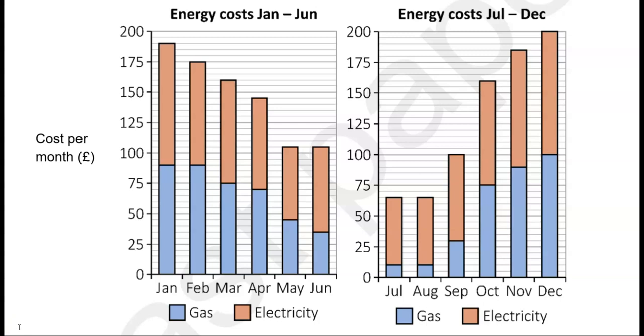The median of the costs between January and June would sit between March and April because the cost has gone down. So crossing them out both sides leaves us with these two in the middle.